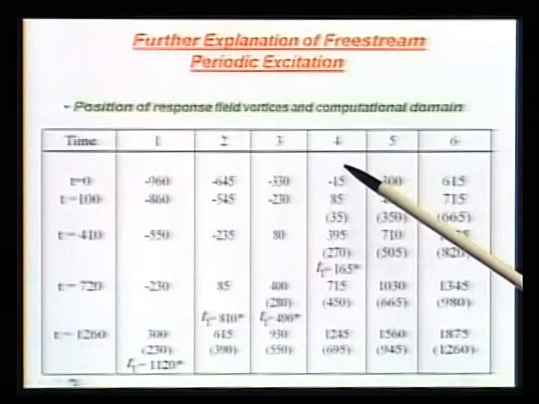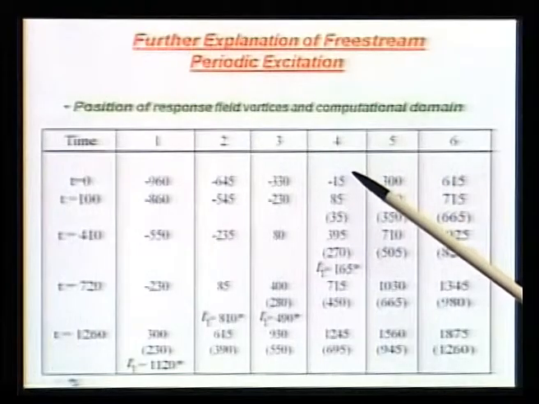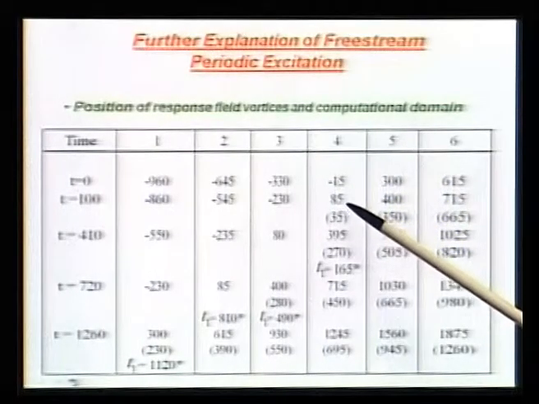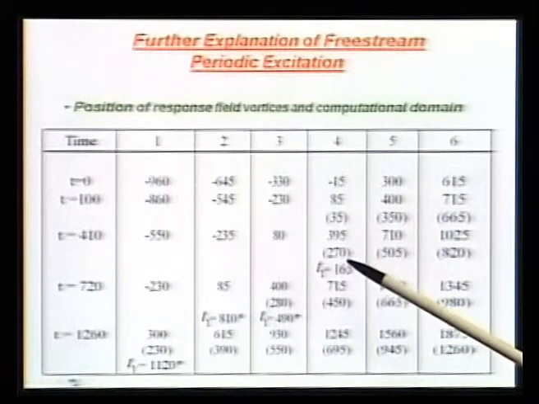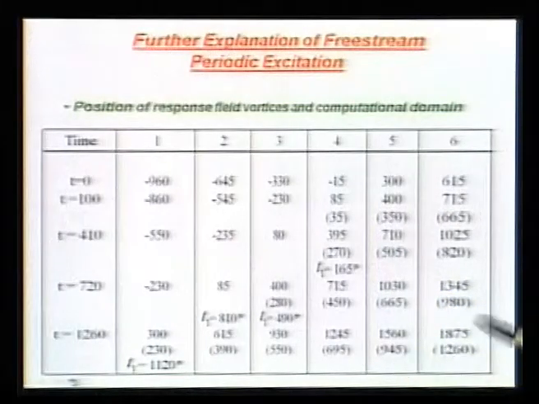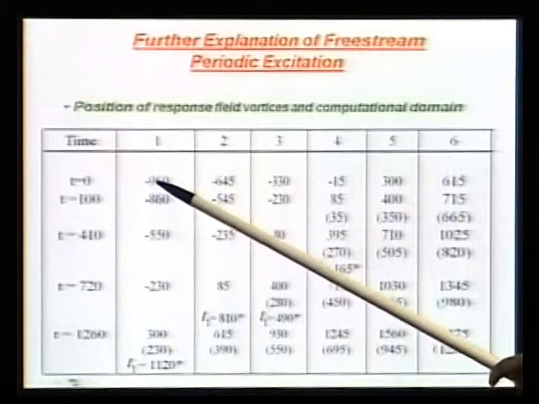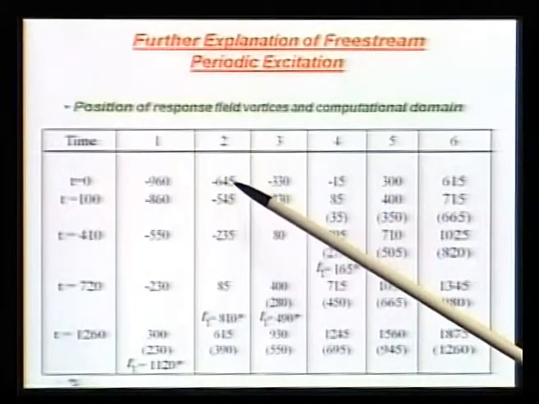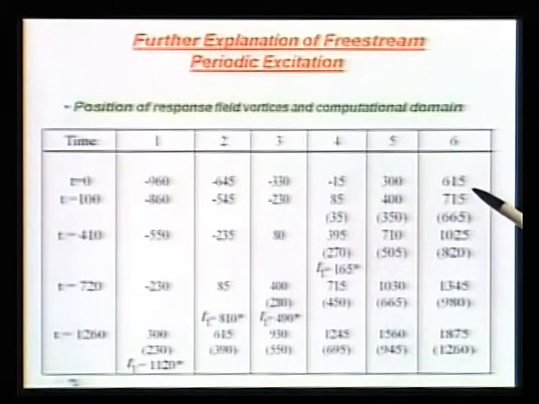So, I have noted some of them, because at a later time they will move in. Like the one which is at 15 at t equal to 0 will at a later time enter the computational domain. And what happens is, we are writing all those locations starting from minus 960, minus 645, minus 330, minus 15, 300 and so on and so forth.